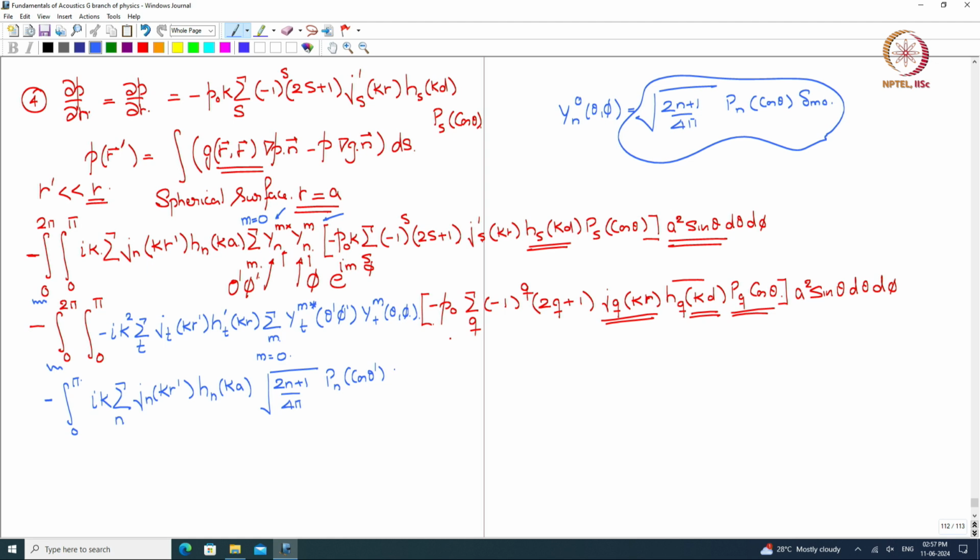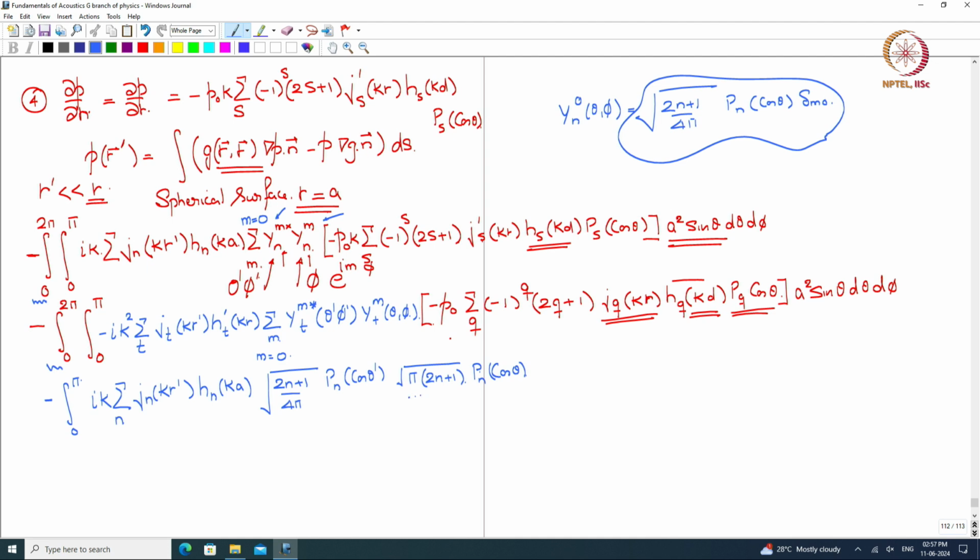Then again we get root over pi into 2n plus 1 Pn cos of theta.